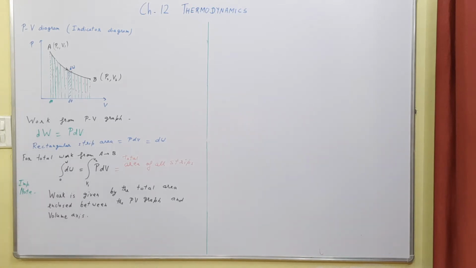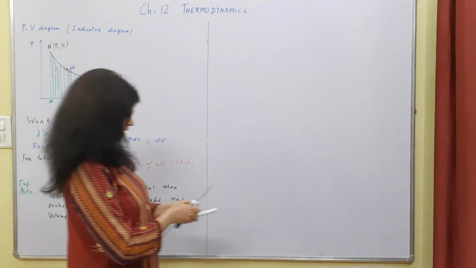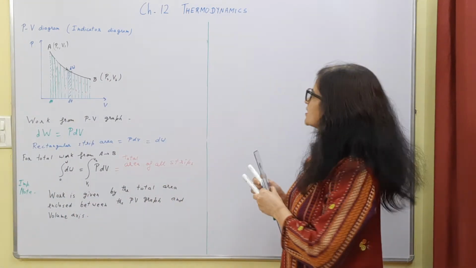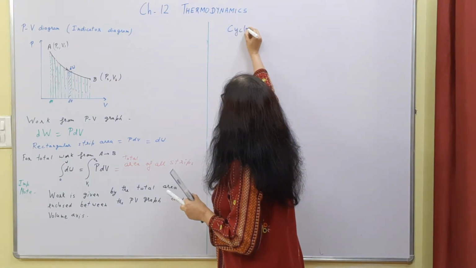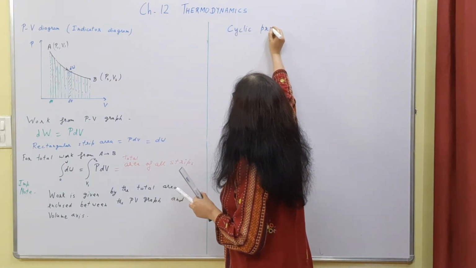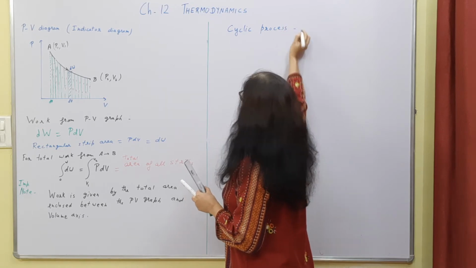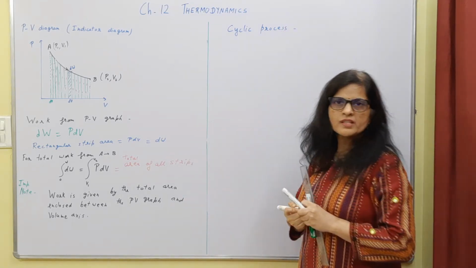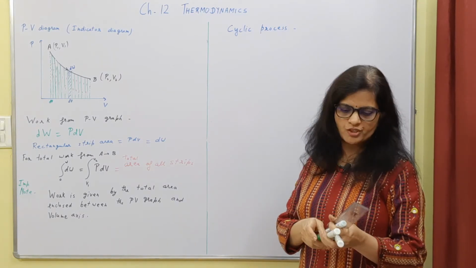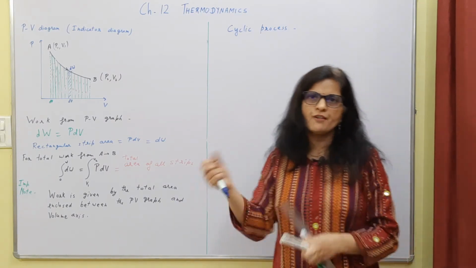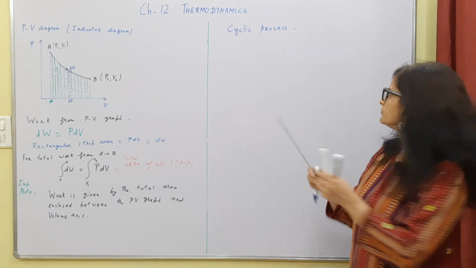Right? Now we can discuss the cyclic process, and then we can take a numerical. As the name indicates, a cyclic process is a process in which the system returns to its original position. So what will be the graph for the cyclic process?